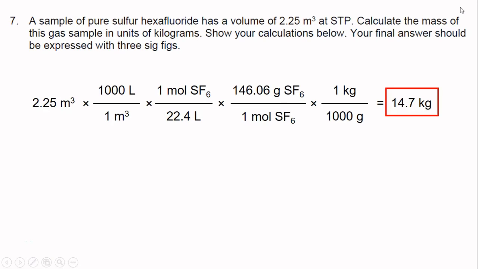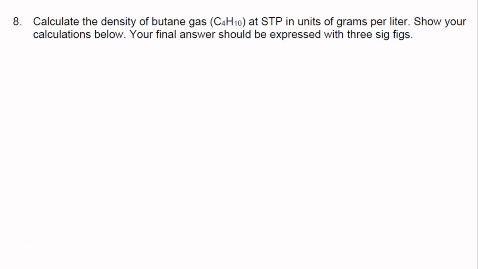All right, let's take a look at number 8. Calculate the density of butane gas, C4H10, at STP in units of grams per liter. So we know that on the periodic table we can get the molar mass of a gas. So if we do that for butane, there are 58.12 grams of butane per mole.